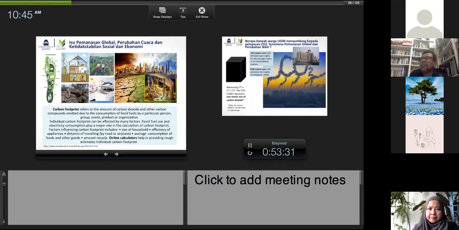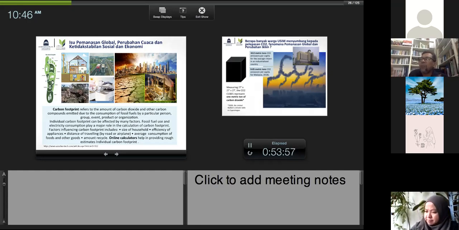Now, actually, I just picked up the slide from my presentation to the university when we tried to come up with the main frame of bringing USIM as an ecological campus, eco campus.